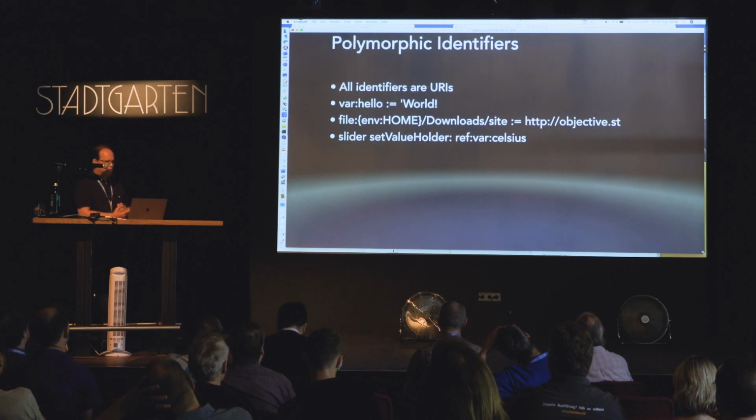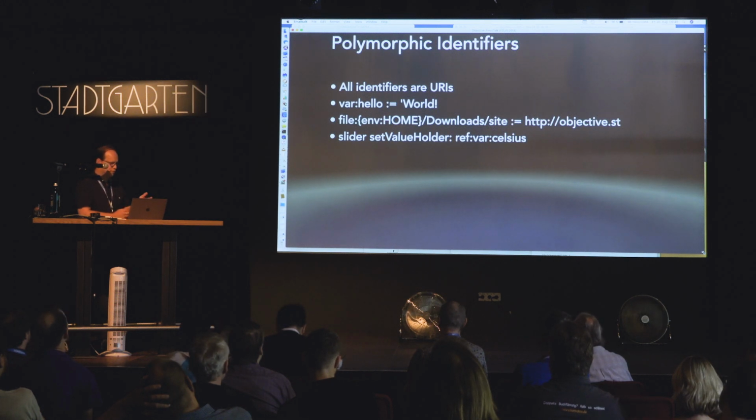So polymorphic identifiers, actually I should have referenced, there is a paper a couple of years ago, and essentially it just extends what we have in the programming language so that all identifiers are now URIs. So they can have schemes, you can leave them out, then you get a default scheme. And all interactions with complex storage mechanisms can be done using those URIs.